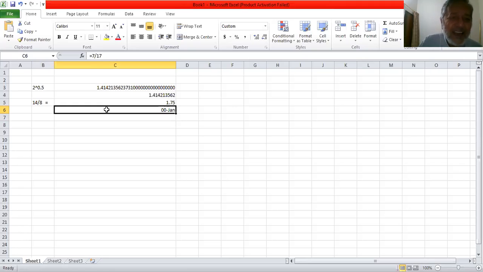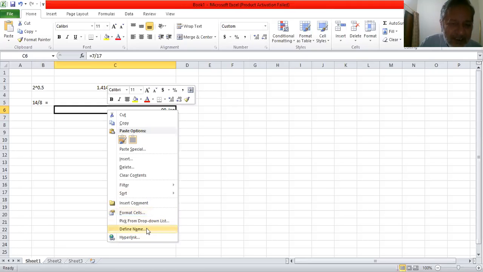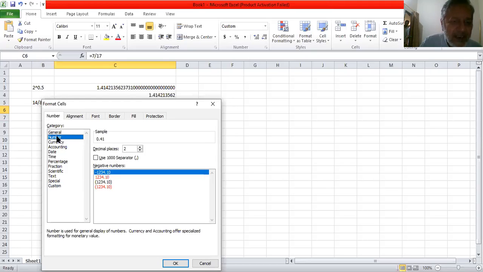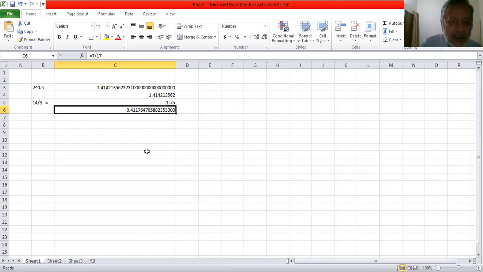Okay, I change the format of the cell. It has to be a number, and it has to have as many decimal places as possible. So 7 upon 17. Now you will see an interesting thing. 3 and 3, 6 and 3, 9, 12.